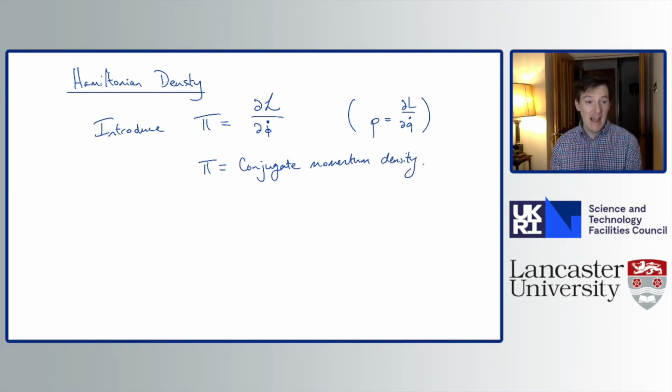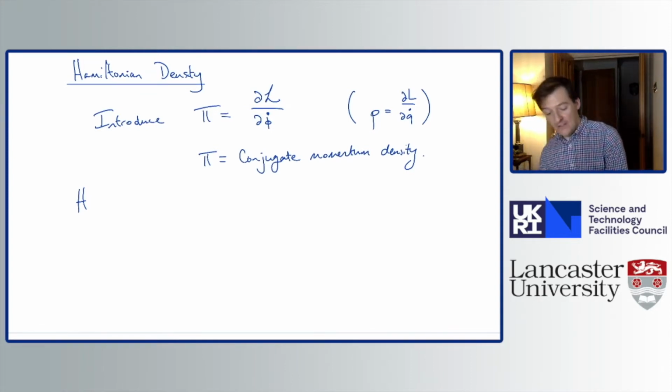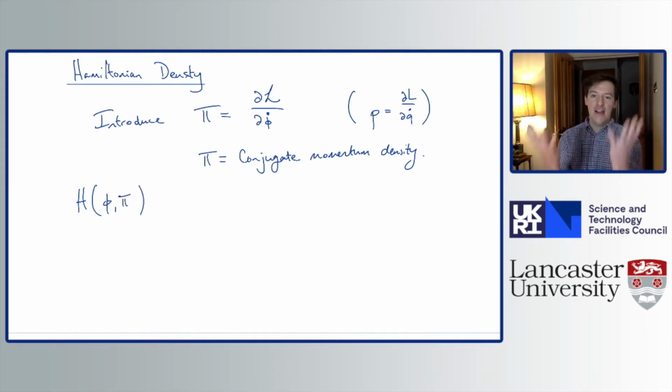Okay, so now my Hamiltonian is a function of the momentum of the field and of the field itself. So it's a function, in other words, of phi and pi. Now phi and pi are elevated to be on the same platform, in the way that in classical mechanics, p and q were elevated to be on the same platform.